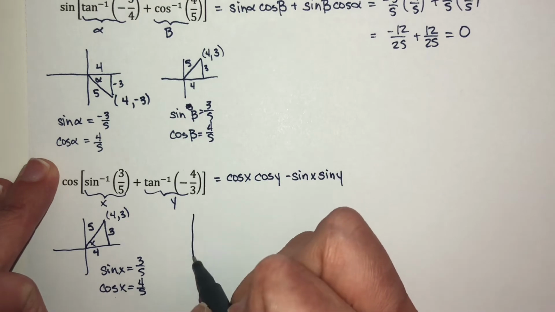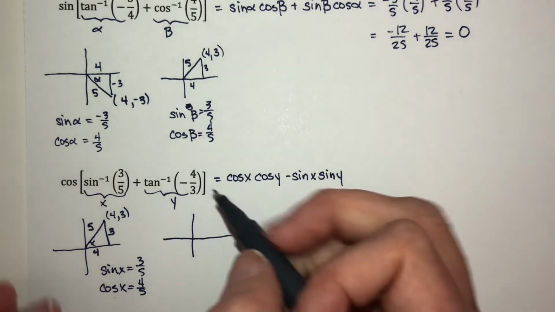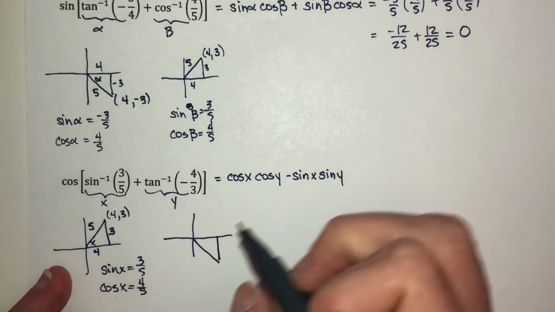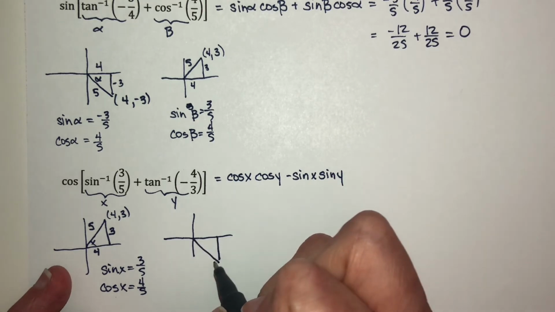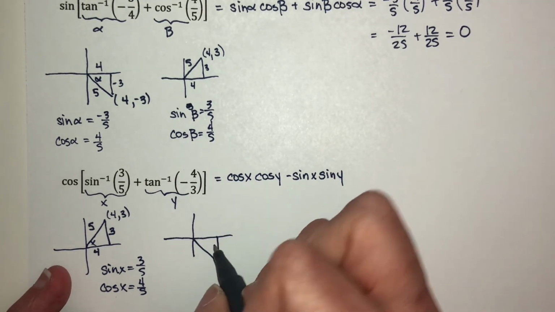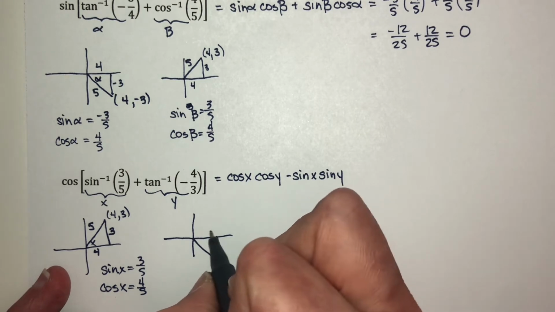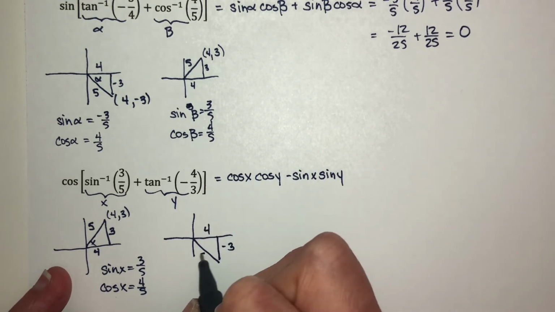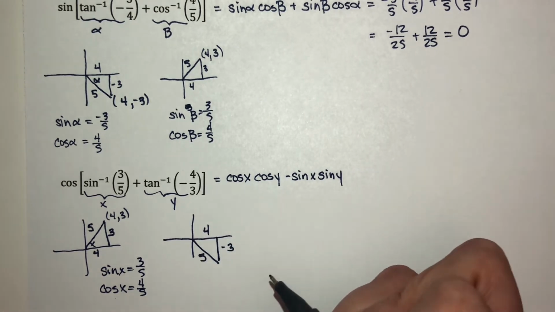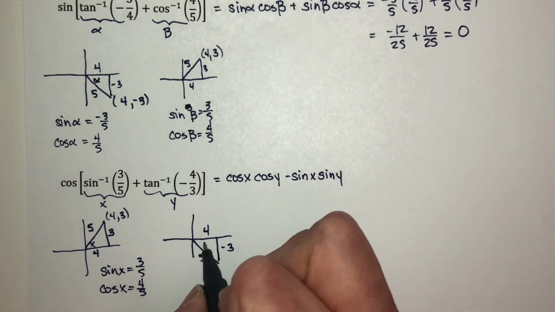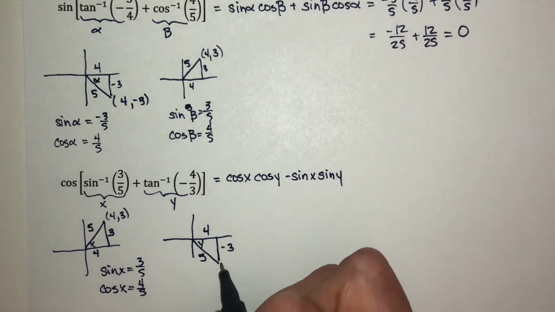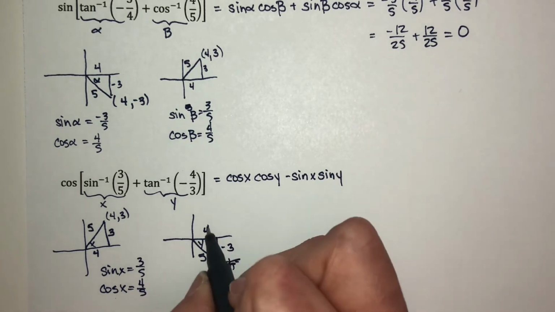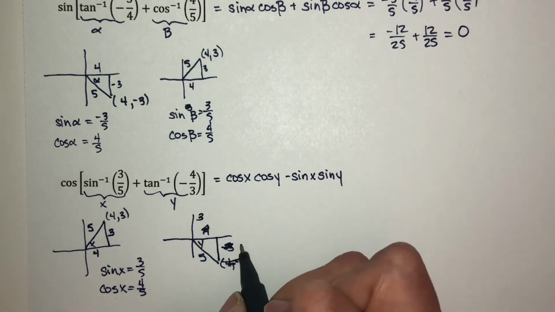Okay, now for tangent, negative 4/3. Inverse tangent gives us an answer in the fourth quadrant because that's negative down there. And cosine is positive here, so let's see. That's going to be negative 3, this is positive 4, and this will be 5. And this is my y, and this will be the point 4, negative, no, this should be 3, this should be negative 4.